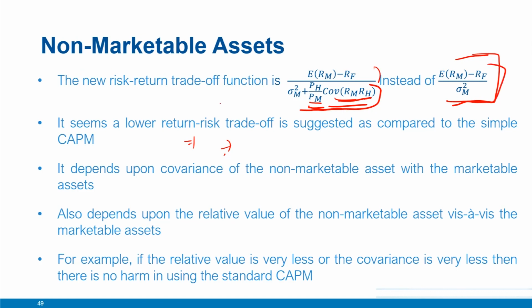Now, if this covariance were close to zero in a theoretical case, or PH were very close to zero compared to PM, then we would have ignored this and gone with the standard CAPM. But we can see here that this term is not necessarily zero, and there's a high probability it's a big finite number. Therefore, the risk-return trade-off, or the price of risk, is much lower than that assumed in the standard CAPM. So this is the first component.